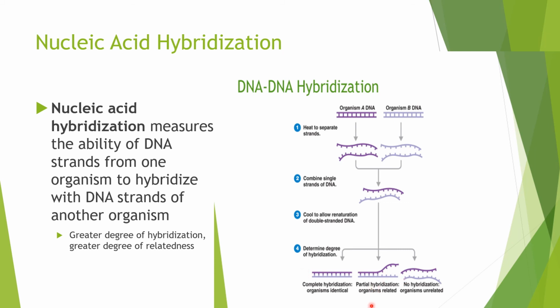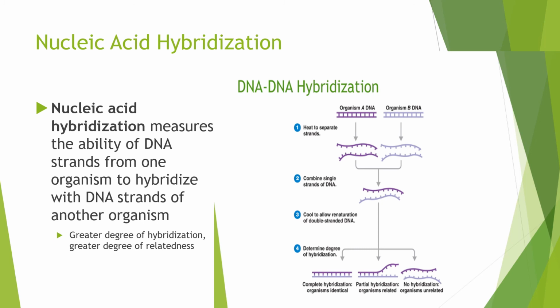But if you find partial hybridization, well, those organisms are related. If no hybridization is detected, then those organisms are not related at all. You might wonder, how am I going to figure out whether I have complete, partial, or no hybridization? We usually add either fluorescence or certain compounds that would be detected when you use an X-ray machine.